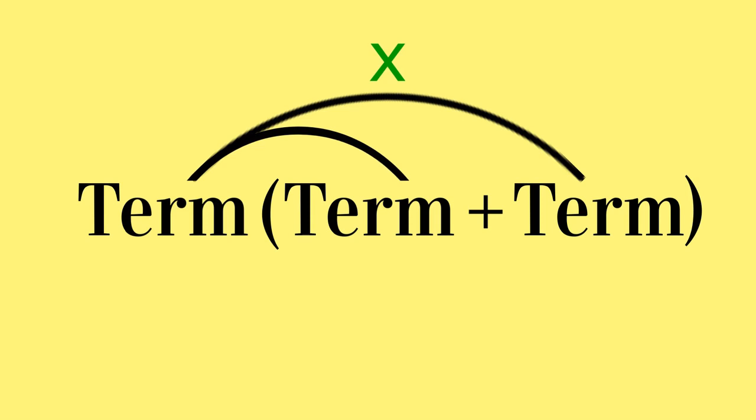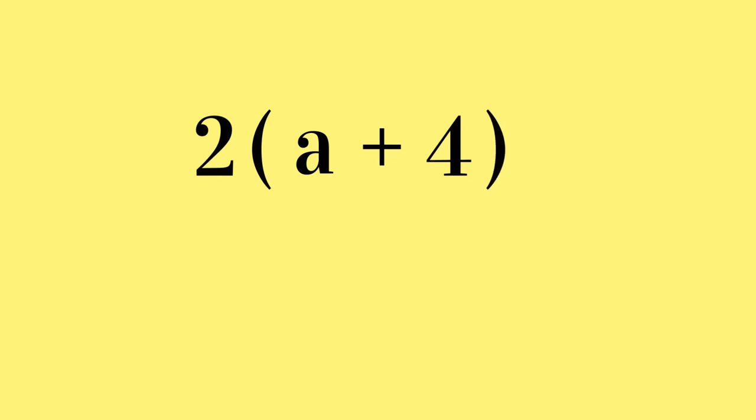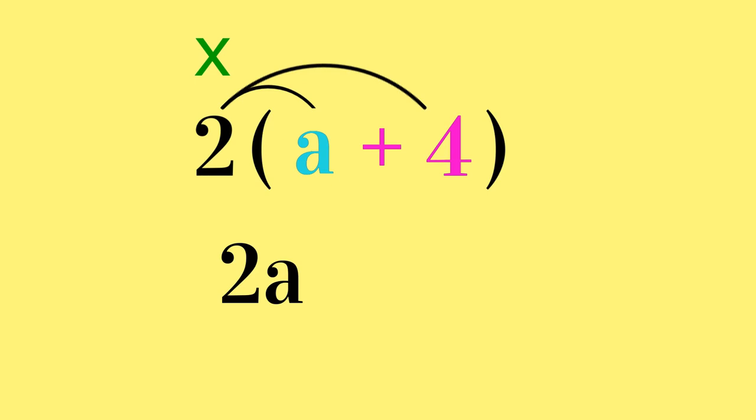For example, if we had 2(a + 4), we would expand these brackets by multiplying 2 and a, which gives us 2a, and then multiplying 2 and 4, which gives us 8. So we have expanded the brackets to make the expression 2a + 8.